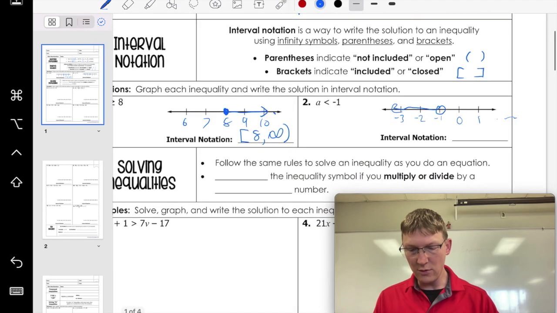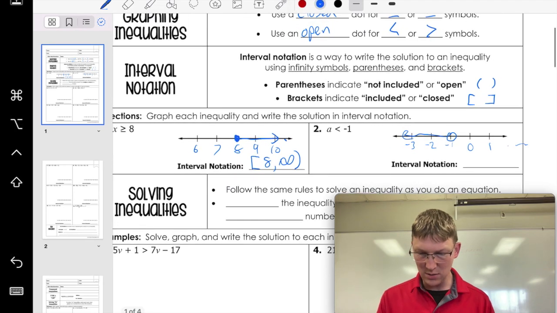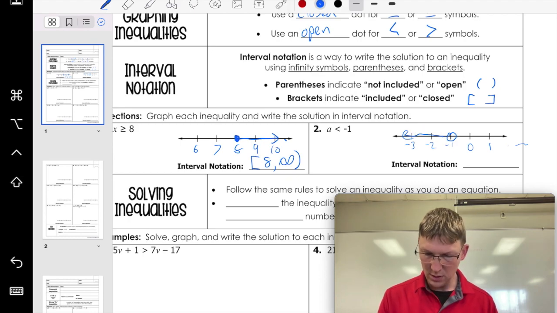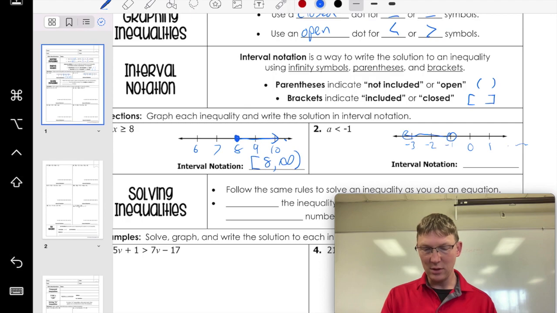Then if we move over to number 2, one of the ones we've already talked about, we're talking about -1 and everything lower, but we don't include -1. Interval notation always goes from left to right, lowest to biggest.